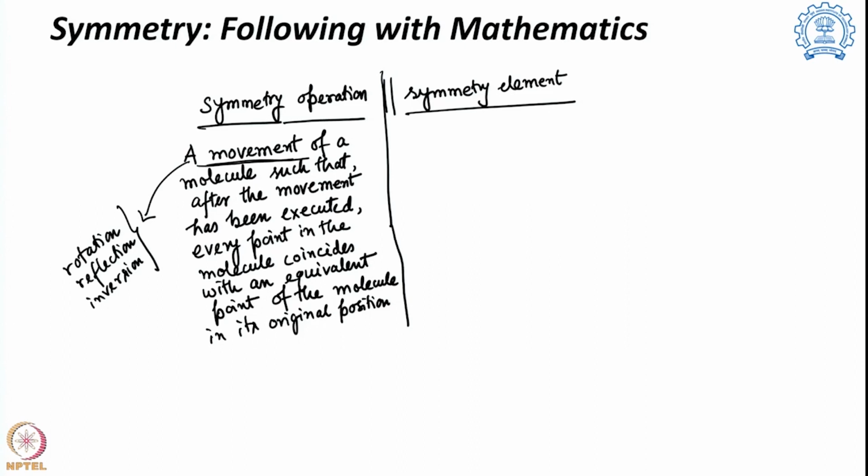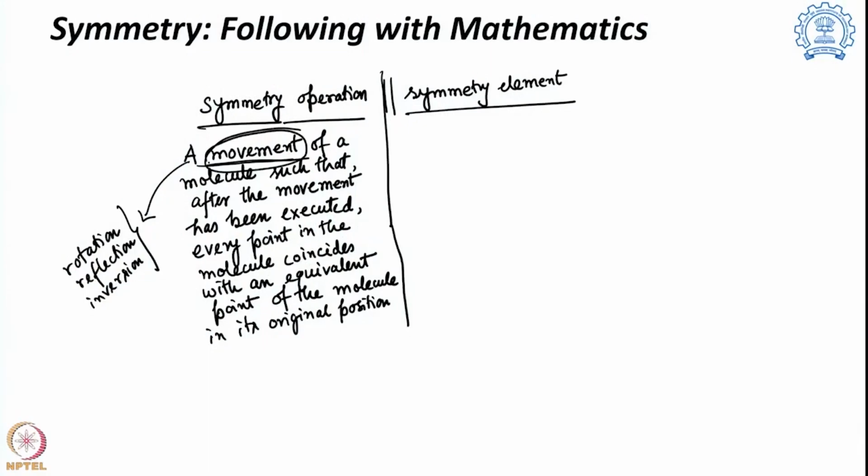If we find the molecule has such an orientation that it exactly matches each and every point with an equivalent point in the molecule in its original position, then we say it is a symmetry operation. That means there is no distinguishable change happening in the molecule after this particular operation. Then we say this symmetry operation exists. So, this movement or change you are doing is known as the symmetry operation.